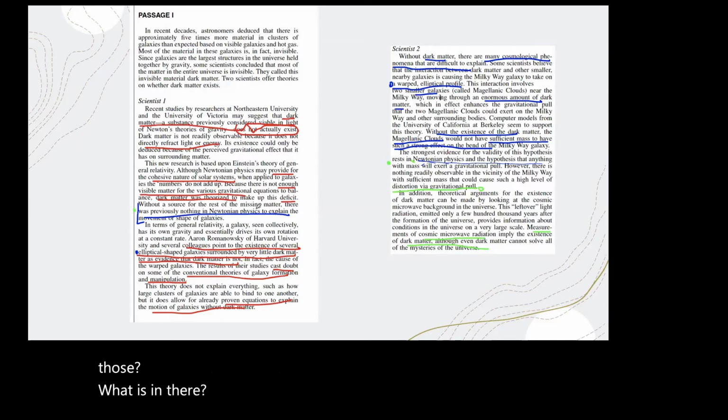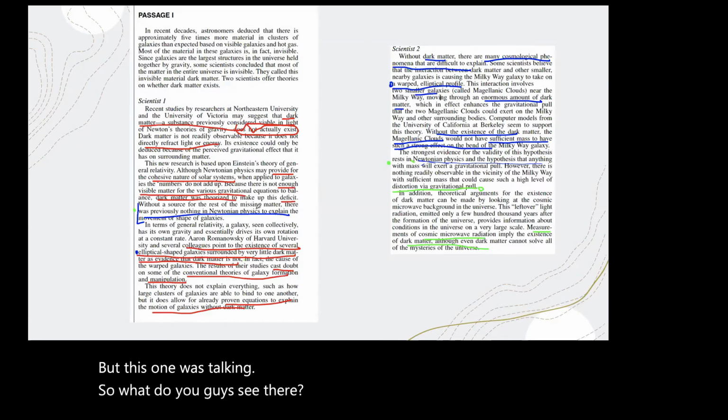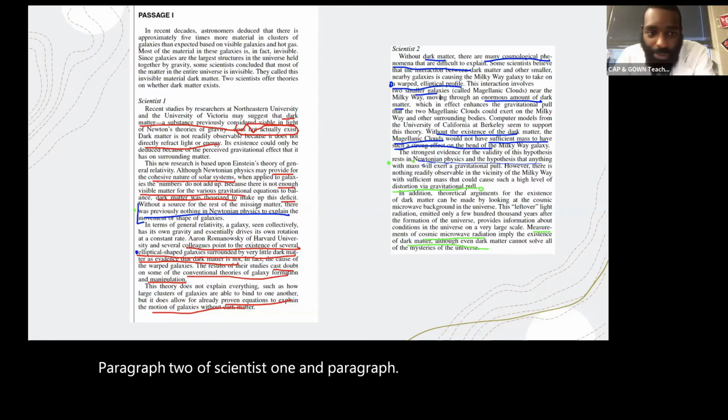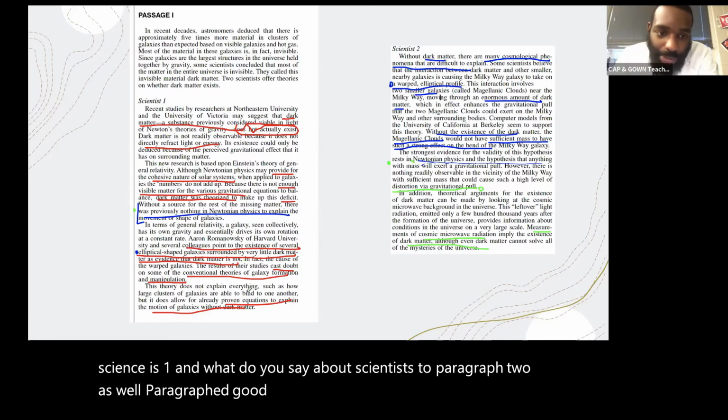What do you guys see there? Paragraph 2 of Scientist 1. And what did you say about Scientist 2? Paragraph 2 as well. Good job, right? So that supports our answer choice.